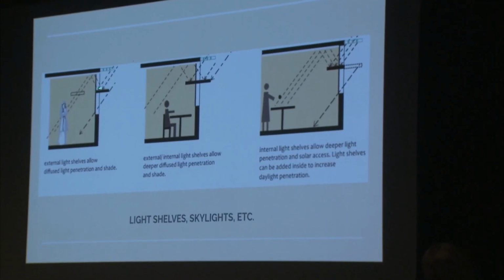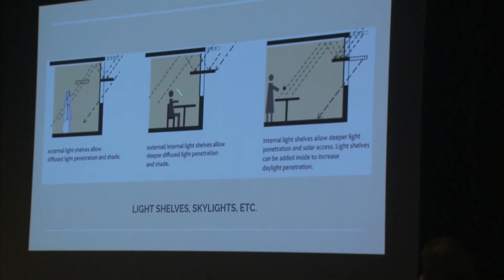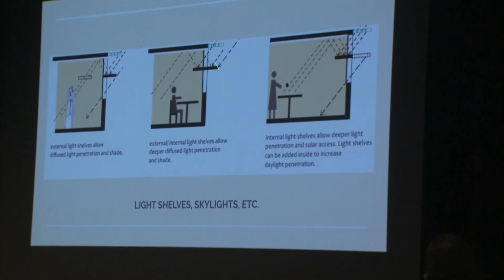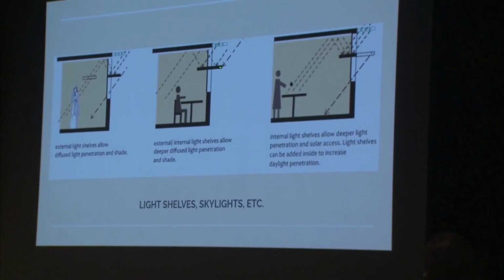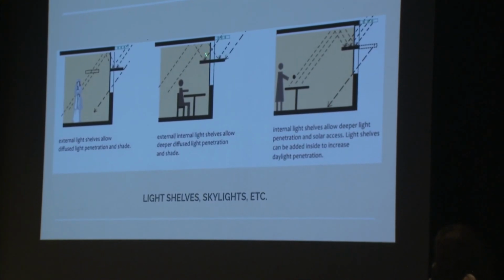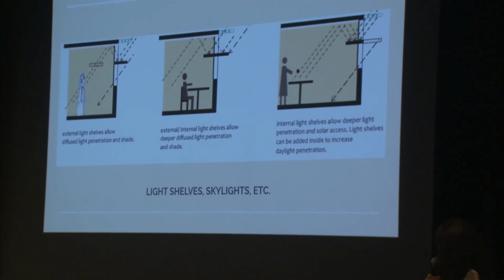So here's another way we can work with natural daylight. What you see here is a space, the person sitting at a desk. This is a window. These are light shelves.